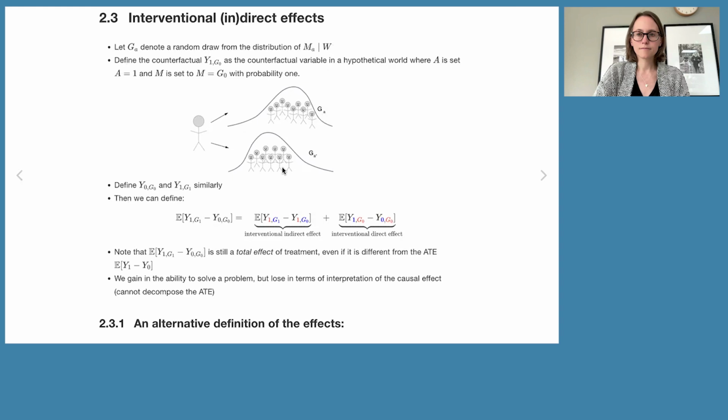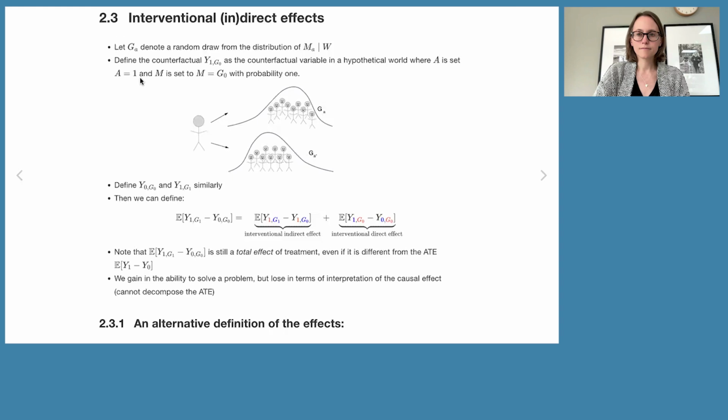And so G sub a is going to be, okay, what if we draw from this distribution, had treatment been set to A; G sub a star would be what if we had drawn from this alternative distribution of mediator values, had treatment been set to A star.